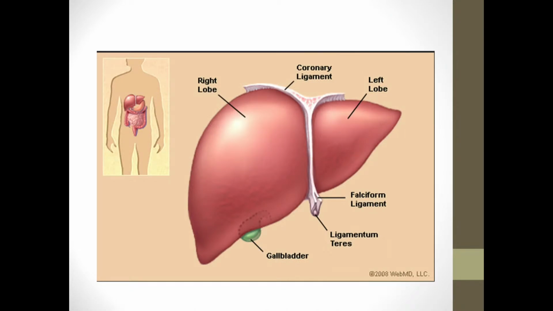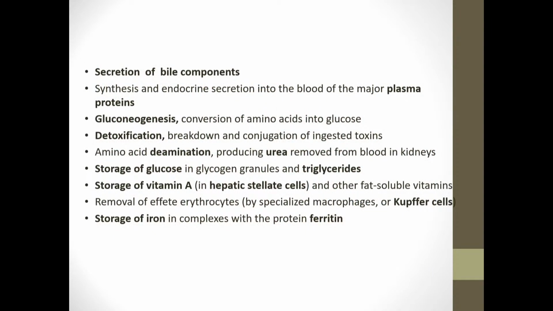The liver is covered by a thin connective tissue capsule and mesothelium, part of the visceral peritoneum. Septa divide it into the large and small lobes. The liver is really important because it has endocrine and exocrine functions.